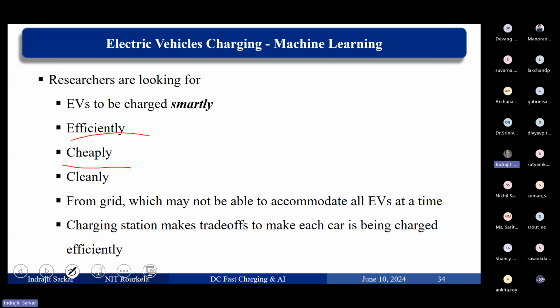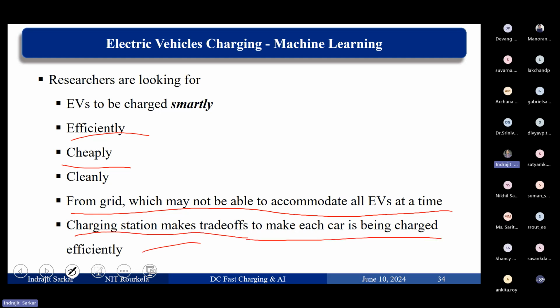The grid may not be able to accommodate all EVs at a time, as I was mentioning. The charging station makes a trade-off so that each car is charged efficiently, level 2 or level 3. The problem was how to accommodate EV charging at the charging station where a significant amount of charging power is being taken away.